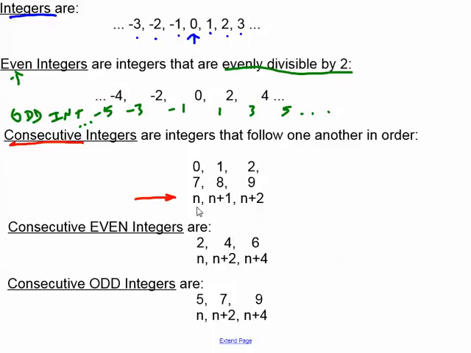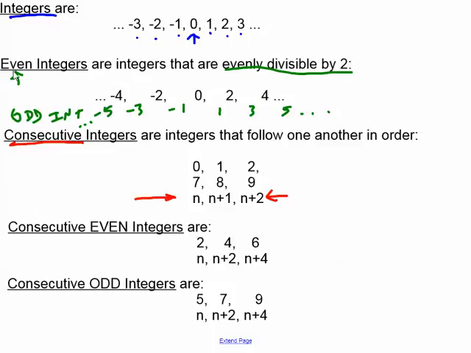And then if we're deciding that n is 7, then the next consecutive integer after 8 would be 9, but described by 7, it would be n plus 2. It's 2 away from that one. So here's 3 consecutive integers: n, n plus 1, n plus 2. And they could represent any of these numbers, 0, 1, 2, 7, 8, 9. But we're gonna use these to solve consecutive integer problems.